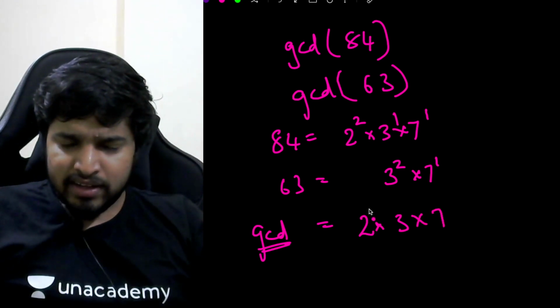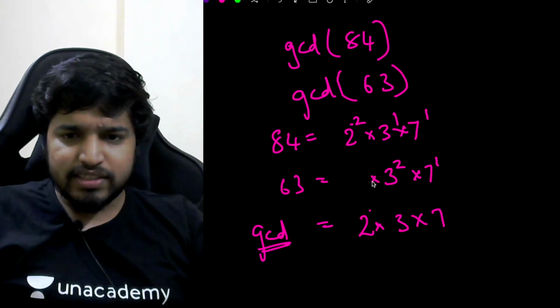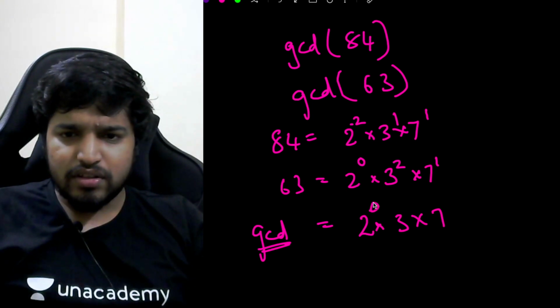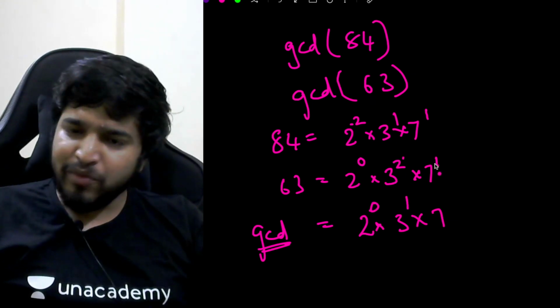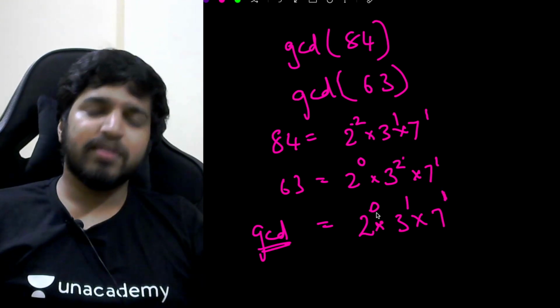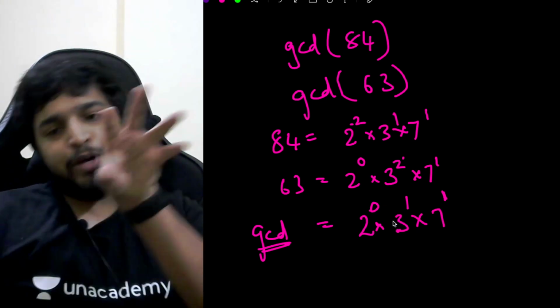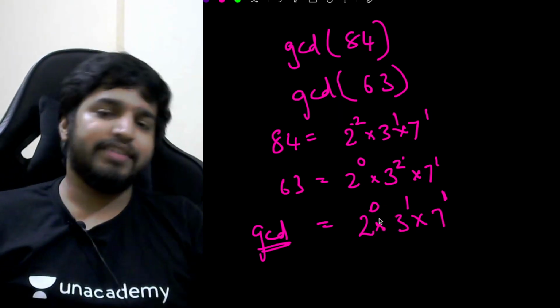And on top of that, write the minimum power in both of them. You can write this as 2 power 0, right? Minimum of 0 and 2, which is 0. Minimum of 2 and 1, 1. Minimum of 1 and 1, 1. Meaning minimum of each of the powers in each prime factor, you're going to put it on top of the prime factors. It's as simple as that. Got it? Yeah.